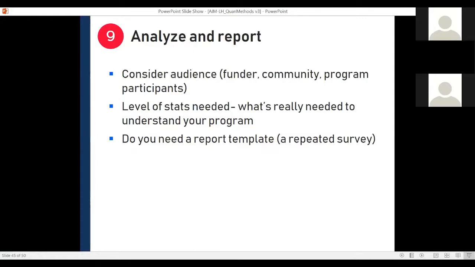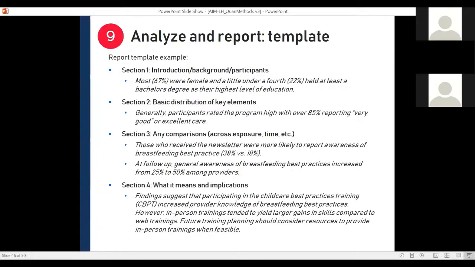And then if you're going to do something more than once, if it's an annual survey or something, definitely a report template is helpful. So here's an example template, and I'll go through this pretty quick. You might introduce the survey and your participants in the first section, and then really hit back to your survey goal, your survey purpose headliner, in section 2, then make any crucial comparisons in section 3.